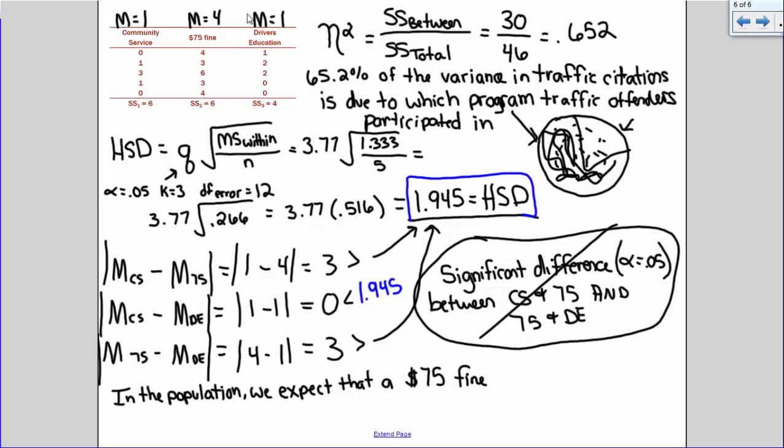We know that this is significantly different from this and significantly different from this. And just putting it in context, we know that higher numbers mean less effective because more traffic citations. So in the population, we expect the $75 fine is less effective than driver's education and community service for reducing traffic violations.